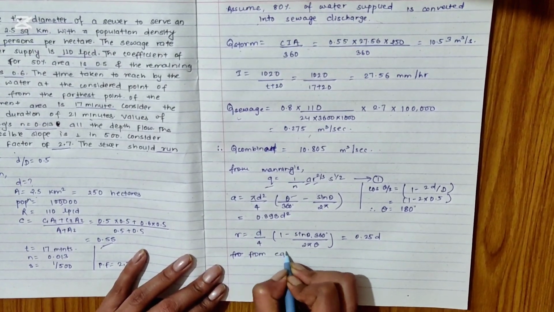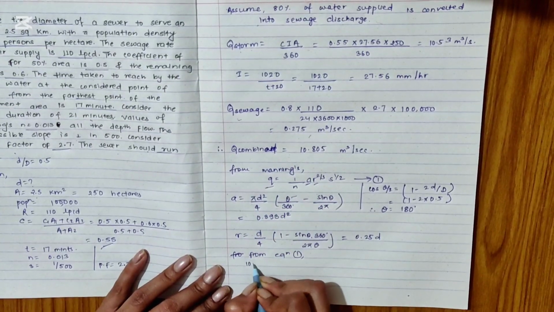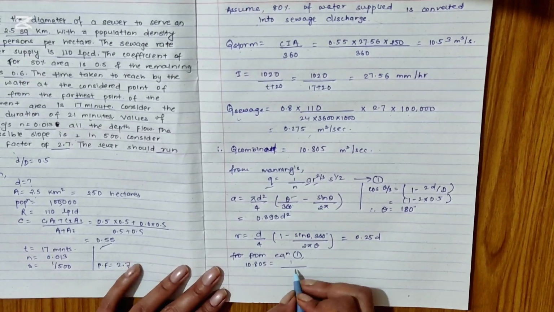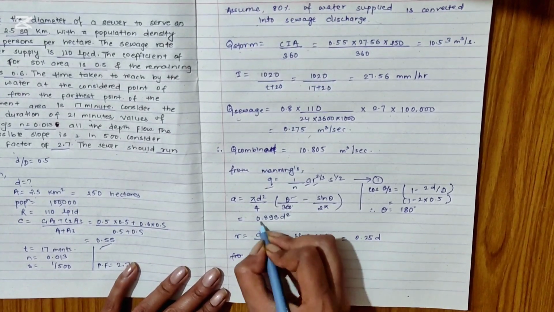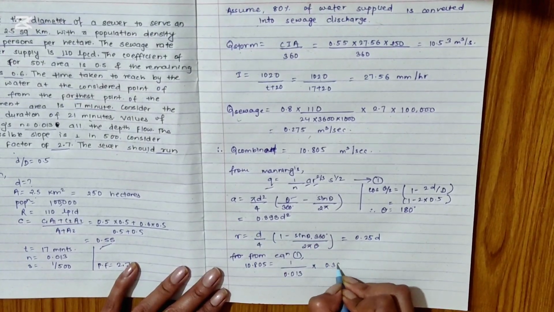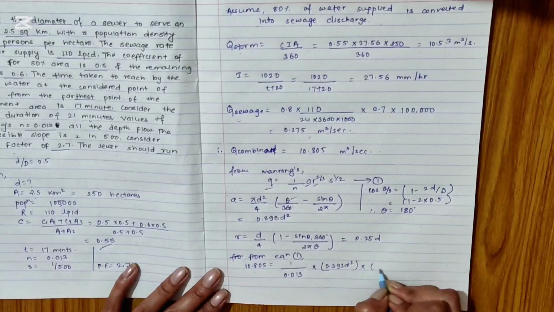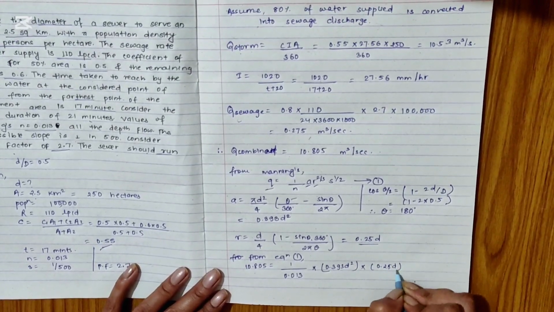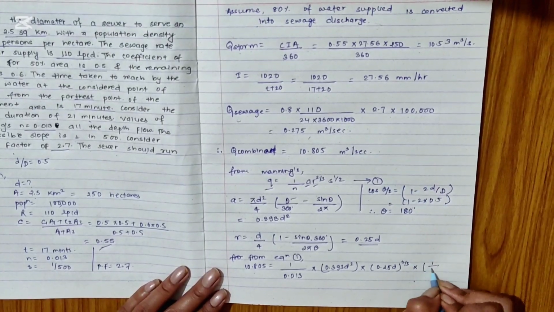From equation first we have the value of Q is 10.805, which will be equal to 1 by n, n equal to 0.013, times A which is 0.393 D square into R which is 0.25 D to the power 2 by 3 into slope which is 1 by 500.